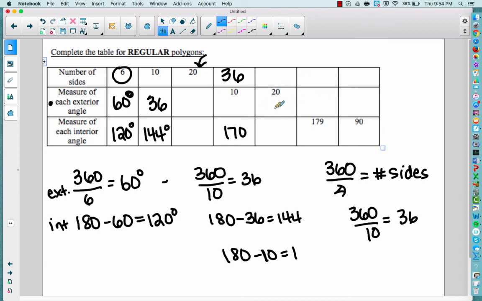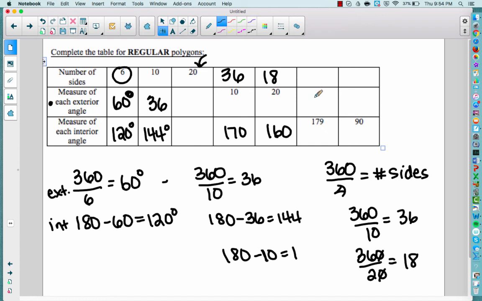All right, let's try the next one. The measure of each exterior angle is 20. That makes each interior angle 160 degrees. To find the number of sides, we're going to do 360 divided by 20. So I'm going to cross out the 0's, and 36 divided by 2 is 18. So it's an 18-sided figure. All right, remember, just work with those exterior angles. It's so much easier. All right, 179 is the interior angle.